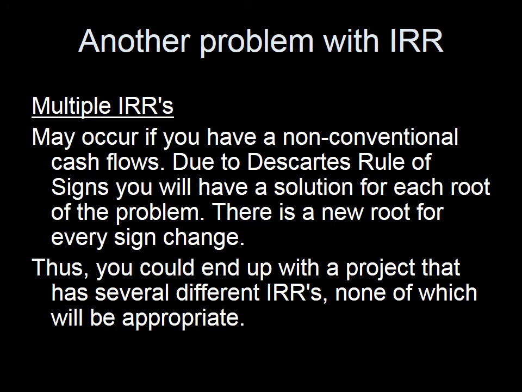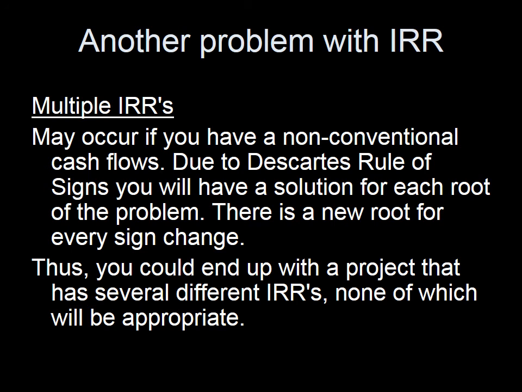I use the example of an auto manufacturer where they may spend money to retool, and then that's followed by another set of benefits. When you have a non-conventional cash flow, you do not get a correct internal rate of return. It basically messes up your internal rate of returns.